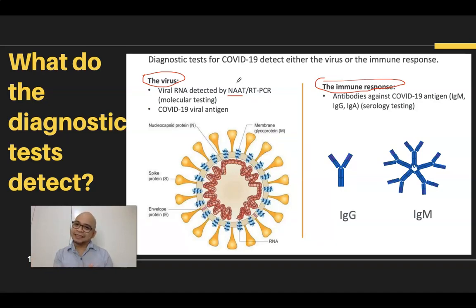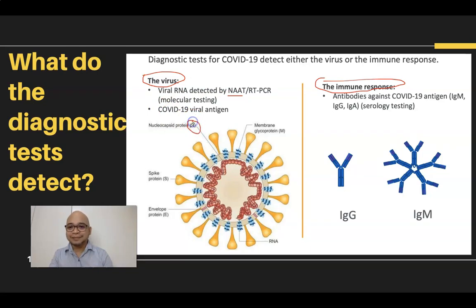So what's the difference between RT-PCR and antigen testing? RT-PCR detects the RNA, the presence of the genetic material, whereas COVID-19 viral antigen testing detects the proteins responsible for the production of antibodies. These proteins are the N protein and the S protein.